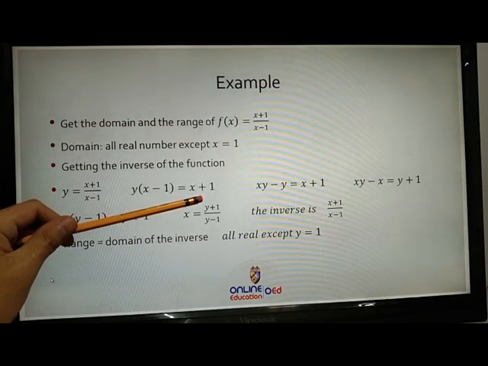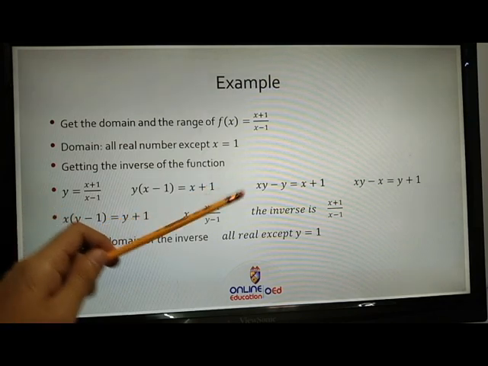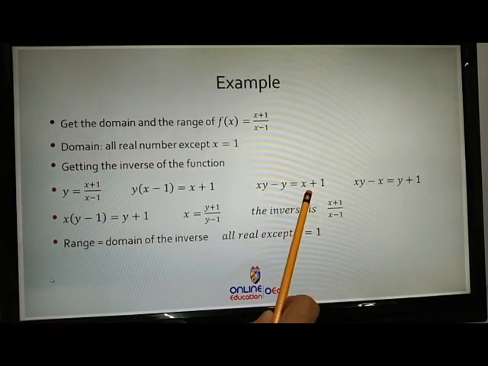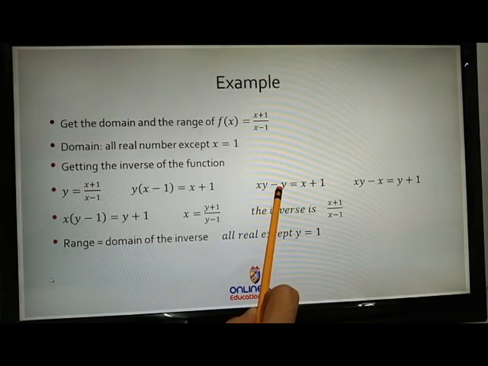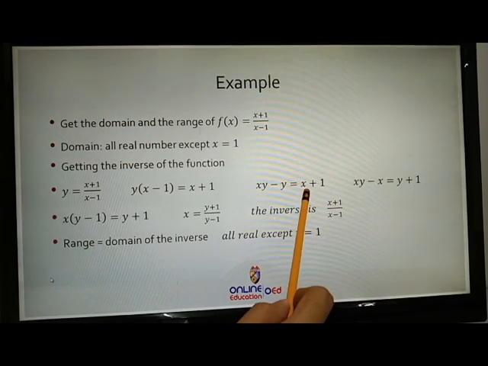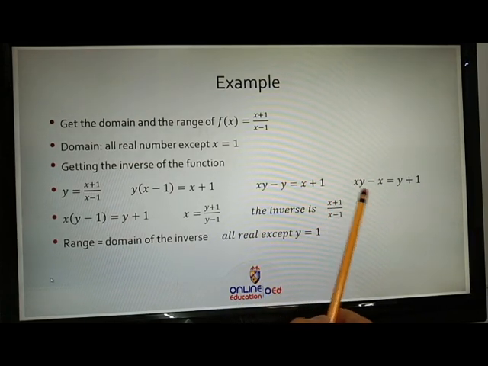Then, by transposing the x to the left side of the equation and transposing the y to the right side of the equation, you have to add negative x both sides and then positive y both sides.